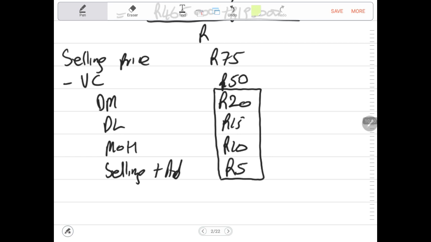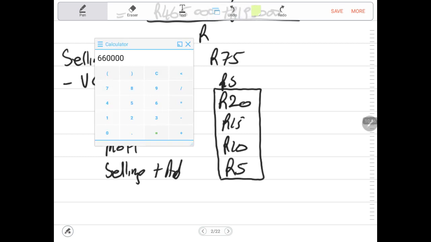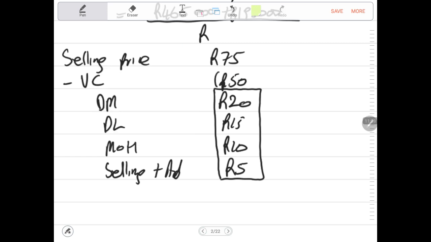Let us check: 20 plus 15 plus 10 plus 5. Yes, we have our variable cost as 50 rands per unit, and you can put brackets, since the minus indicates that these amounts should be negative. But I sometimes prefer to put brackets in each and every figure, because some lecturers can be difficult. Now we will get to the contribution per unit.